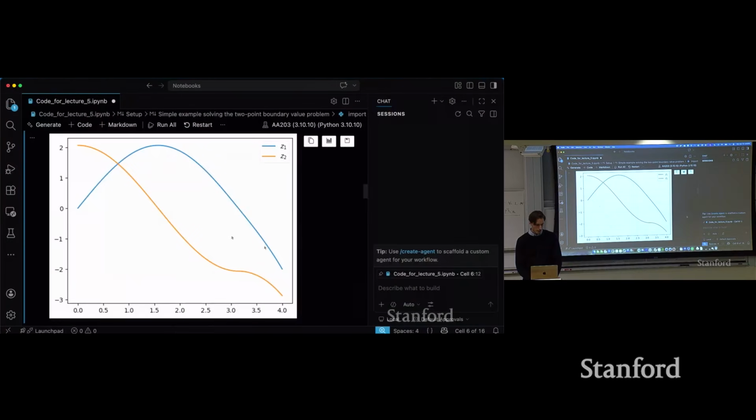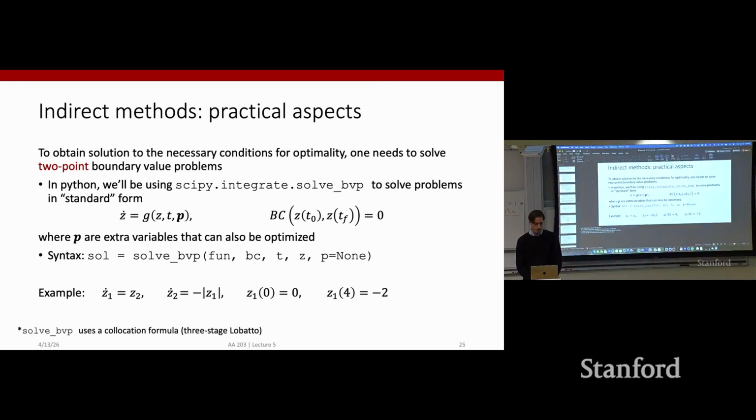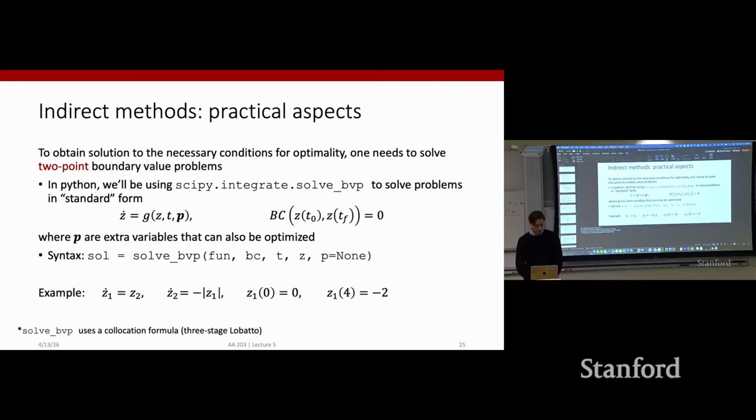Z2 is defined as the time derivative of Z1, so when Z2 is positive, Z1 grows. When Z2 is negative, Z1 decreases. So this is just a visual inspection that we did indeed solve these differential equations.